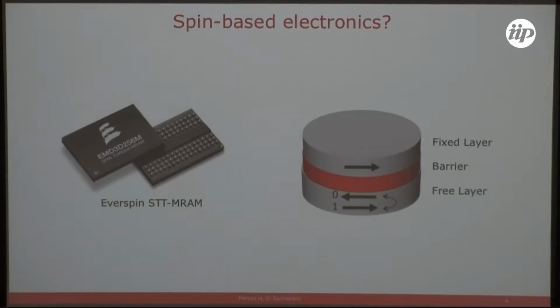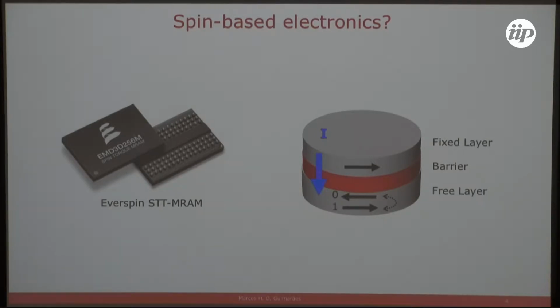They use the basic concept of tunneling magnetoresistance, as we use in the old hard drives from computers, not the solid-state drives, in which you have a fixed layer, a barrier, and then a free magnetic layer that can switch direction. So you can encode bits 0 and 1. The way to switch these bits is by driving a current through, and by spin transfer torque you can switch the magnetization of the free layer.